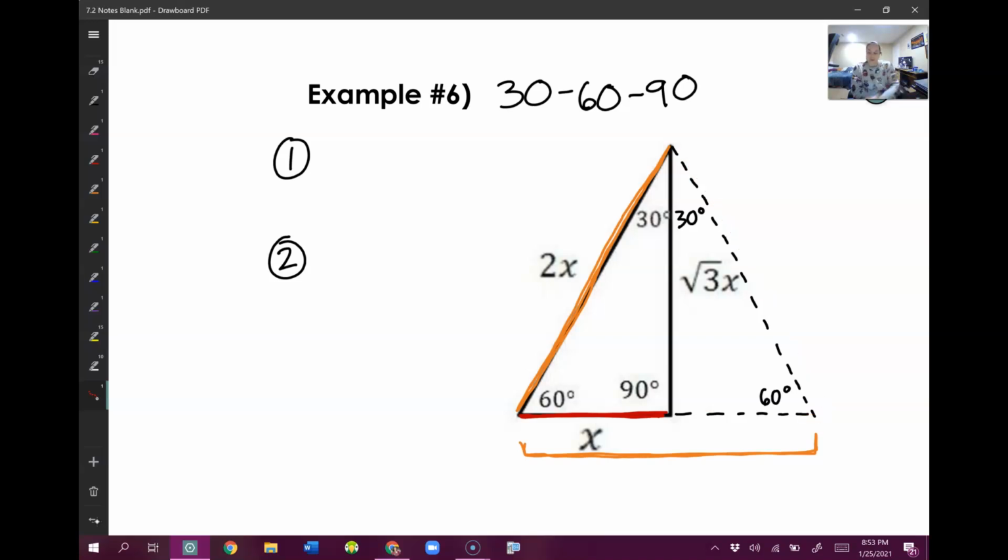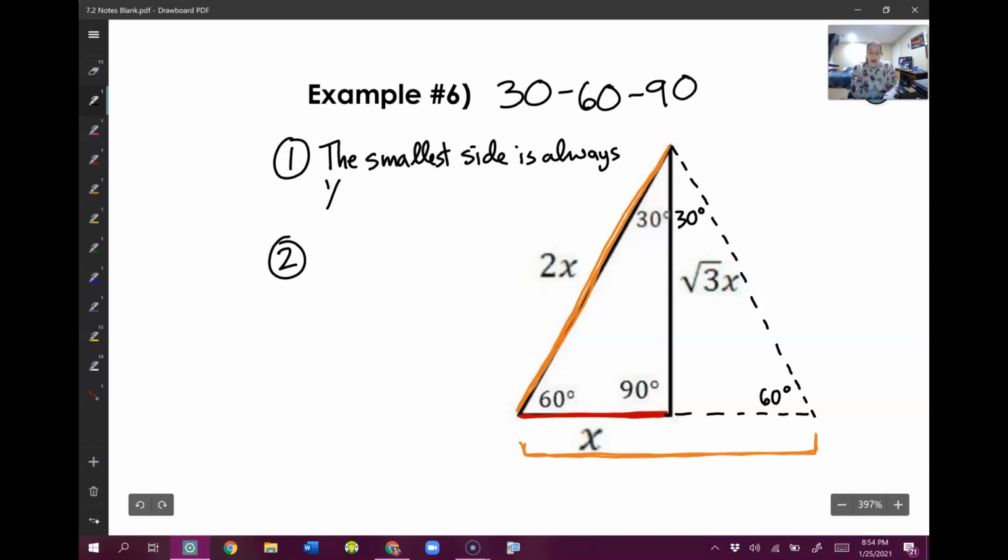So that's our first rule: the smallest side is always half of the biggest side. And we can also go vice versa, that the biggest side is always twice as big as the smaller side.